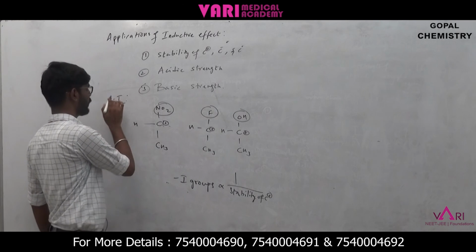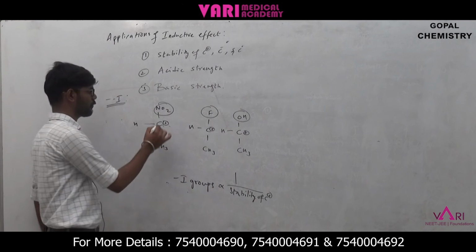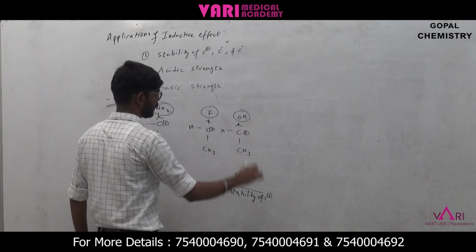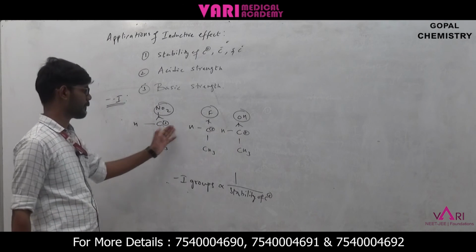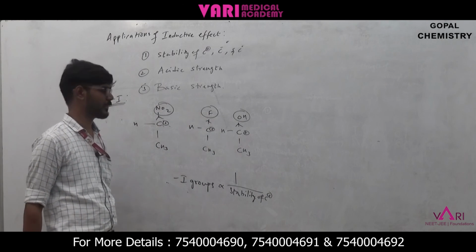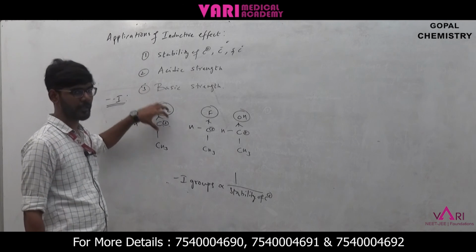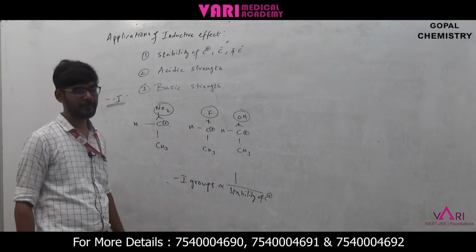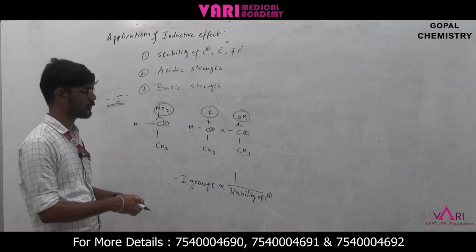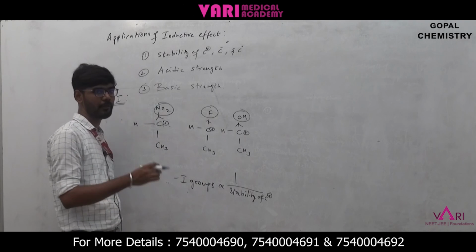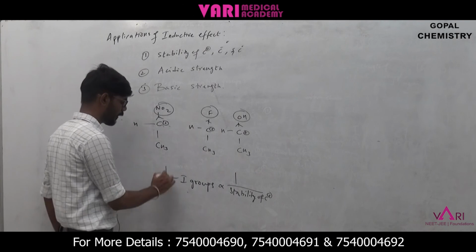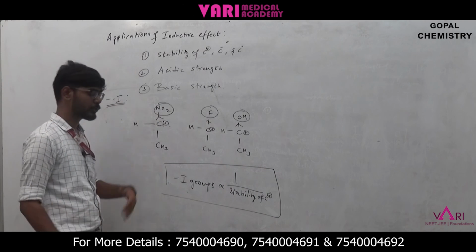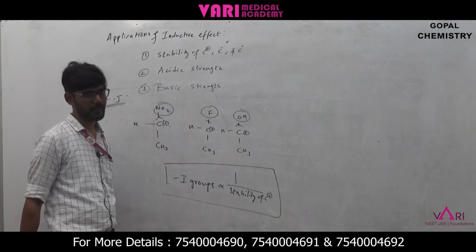These 3 groups are minus I groups, so these groups will withdraw electrons from the carbon. The carbon is in a positive state, there is electron deficiency. Again, these groups are withdrawing electrons from that carbocation, so it will destabilize that carbocation. So the stability of the carbocation will be lowered. That's why the minus I groups are inversely proportional to the stability of the carbocation.